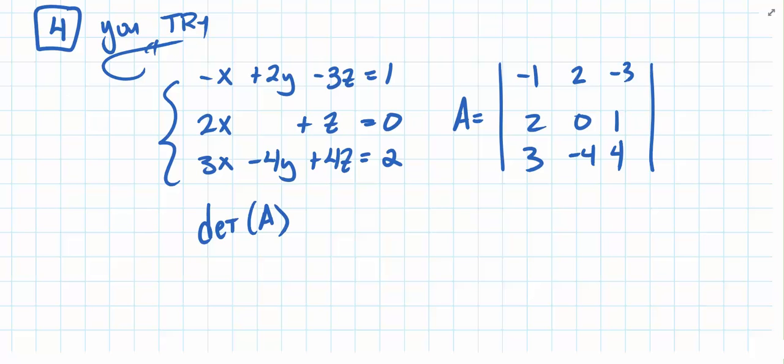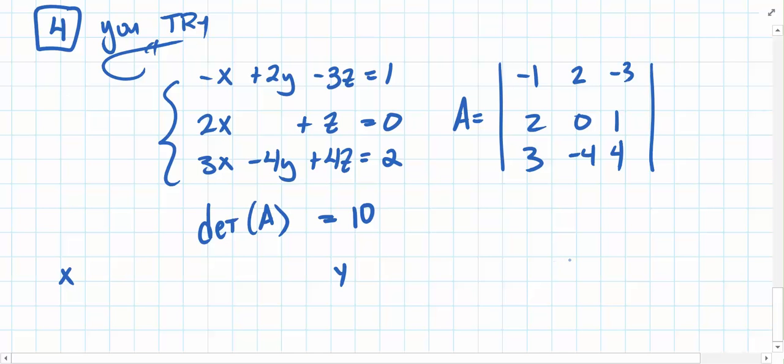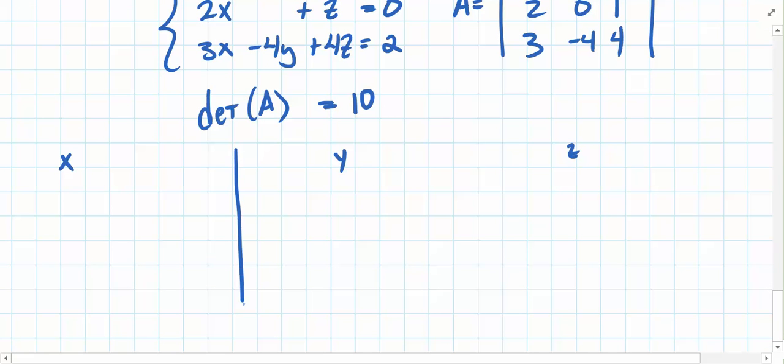Okay, ladies and gentlemen, we've got to move ourselves along a little bit. Most of you are on the right track, and some of you even finished and have the right problem. The determinant for matrix A, my coefficient matrix, you should have gotten an answer of 10. Then you need to find 3 things: X, Y, and Z. To find each of those, you replace the column that you're looking for with the answer column.